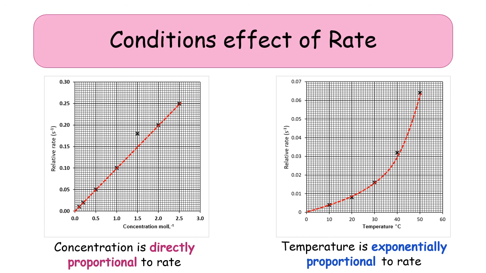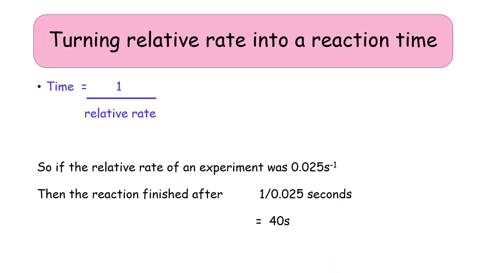Those two terms are a really good hint, hint, for you to know if you are ever asked a question about factors affecting rate of reaction. You can say that temperature affects it exponentially, concentration affects it directly. That's great. The final thing you need to know is, what happens if you're given a rate and you're asked, how long did it take for the reaction to finish?